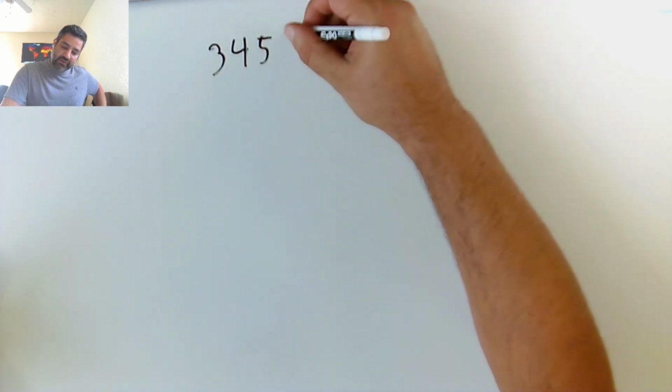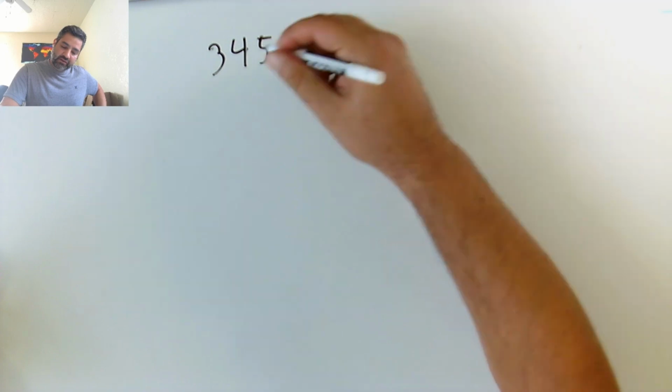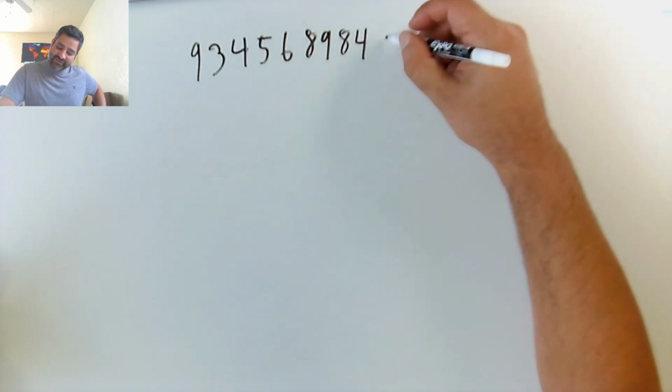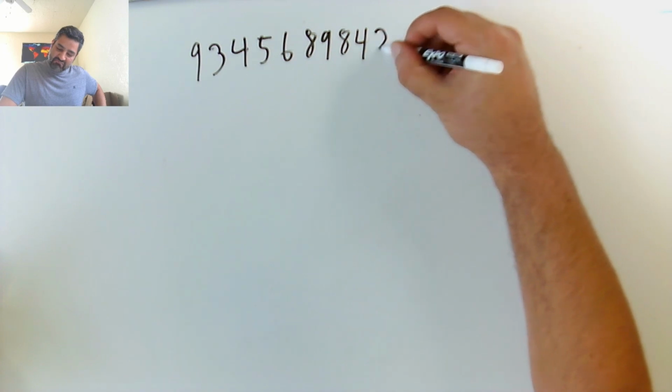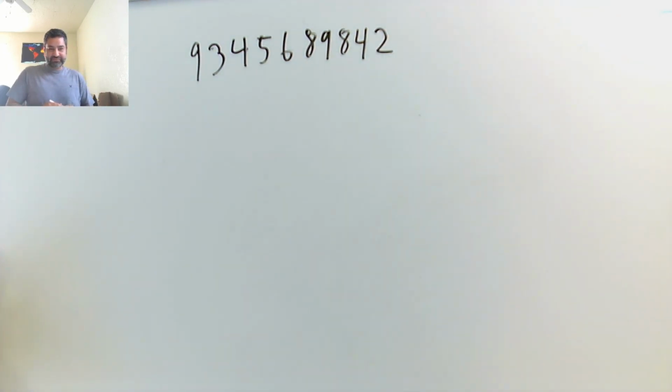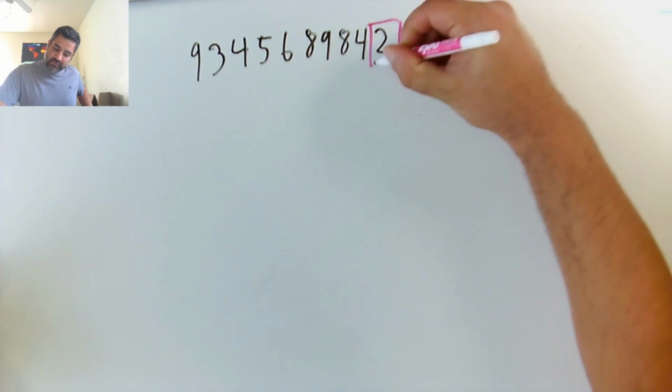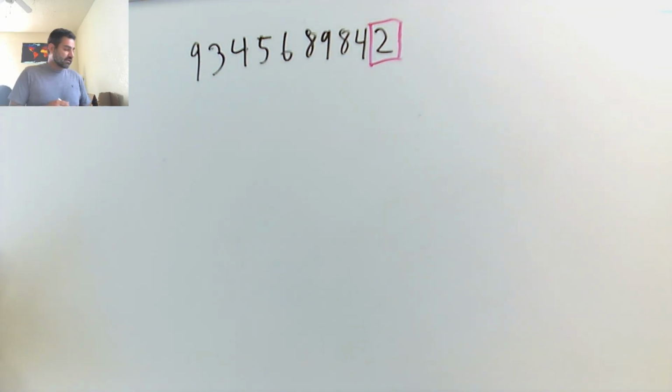So I could put a monster number here, 9,942. All right. That large number, all you got to do is look at the last number.